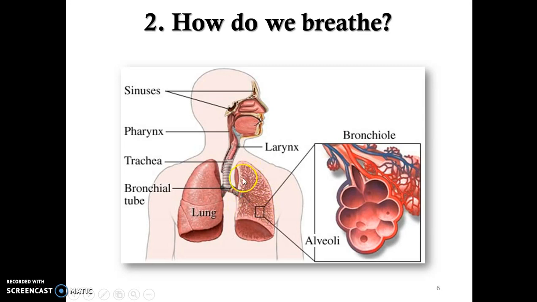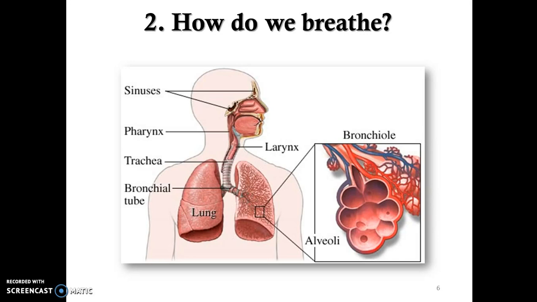So that air gets into the lungs from the bronchial tubes, and then to these little branches here. You can see it looks like a huge tree of little branches. Each of those branches is a bronchiole. So these bronchioles, at the very end, they have these air-filled sacs called alveoli. And these alveoli, as you can see on the picture, have a lot of blood vessels surrounding them, kind of covering the alveoli.